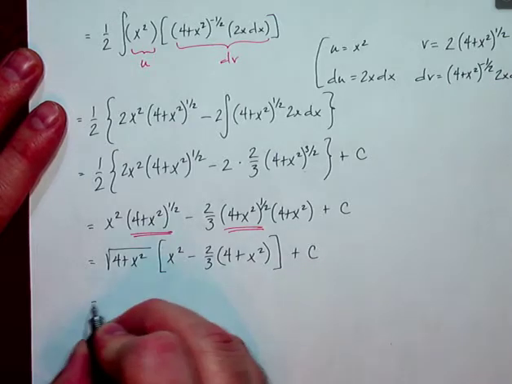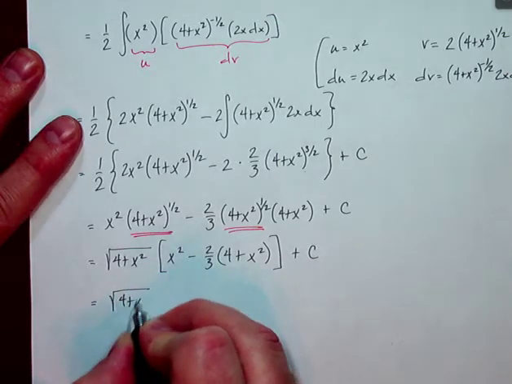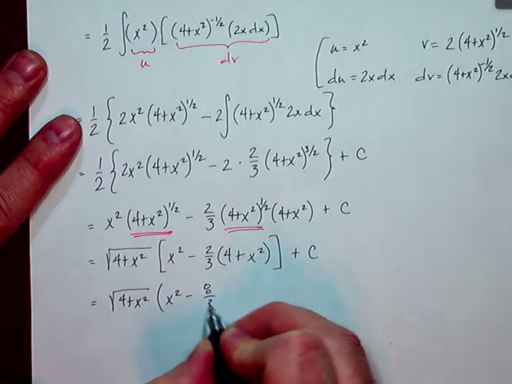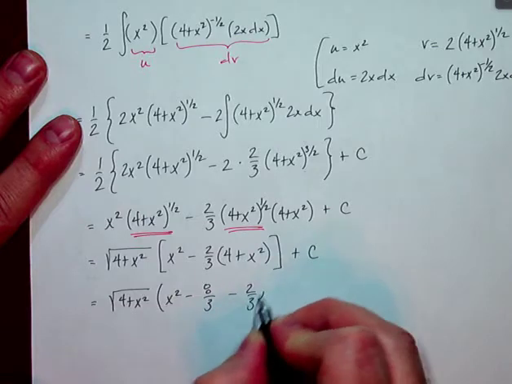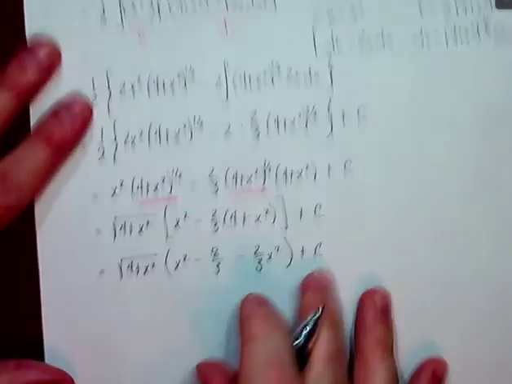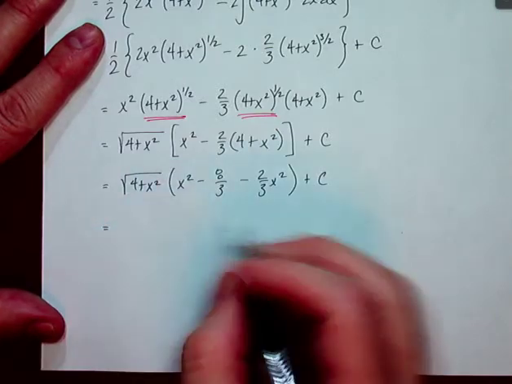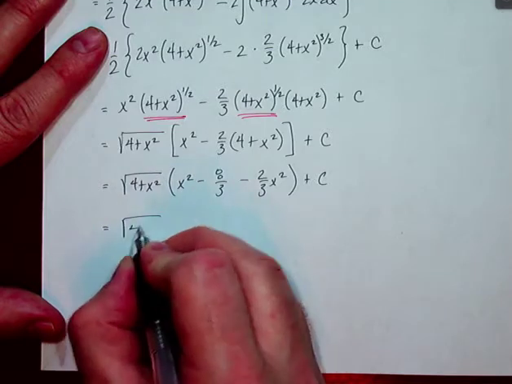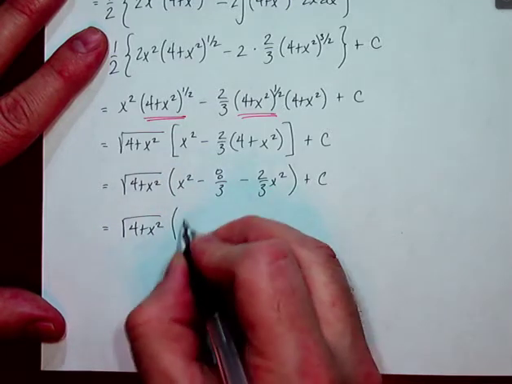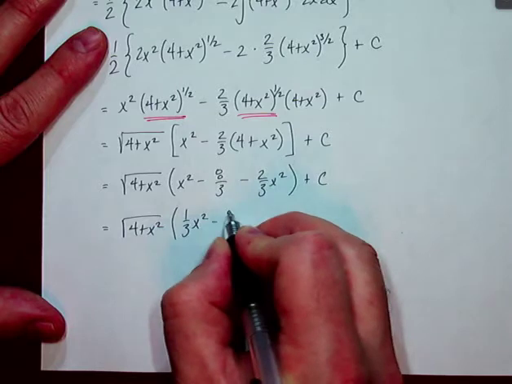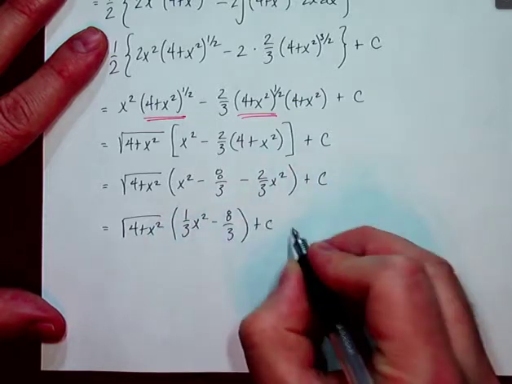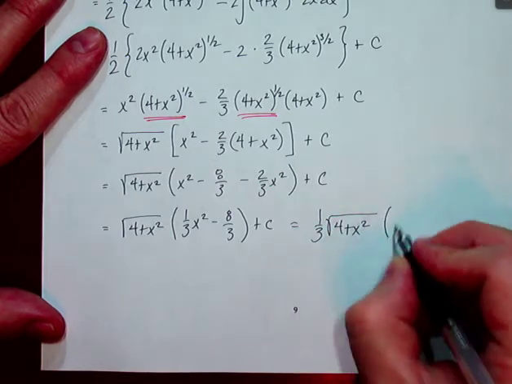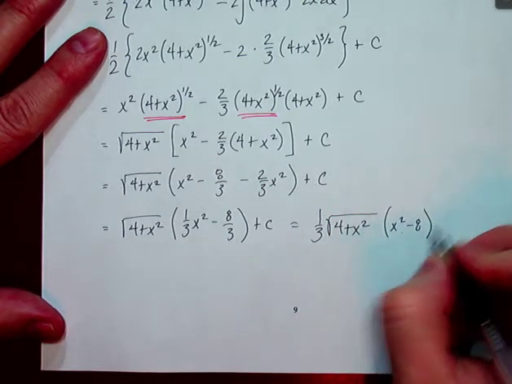Now, that becomes square root of 4 plus x squared, x squared minus 8/3 minus 2/3 x squared plus c. Or, and you can factor out the 1/3 after the fact if you want, that's 4 plus x squared, 1/3 x squared minus 8/3 plus c. Or, like I said, 1/3 4 plus x squared minus 8 plus c.